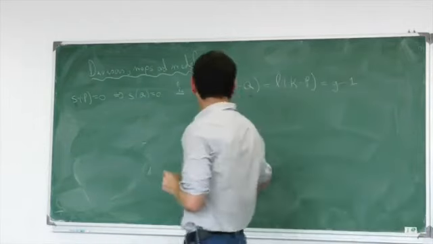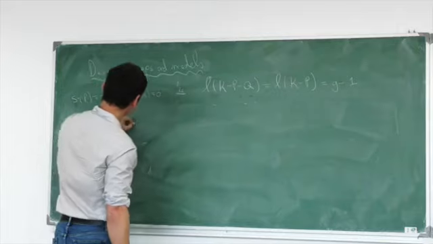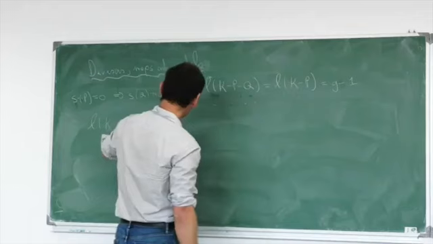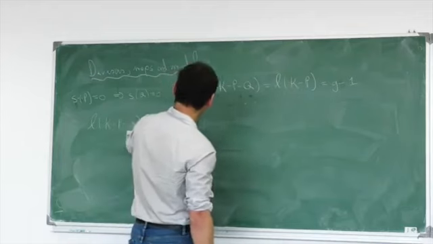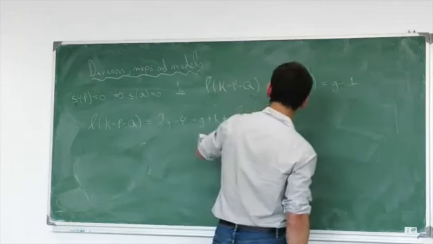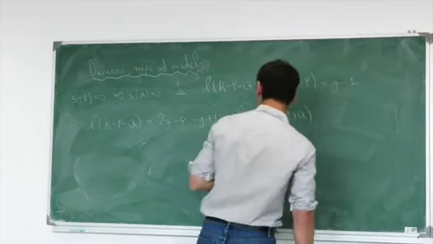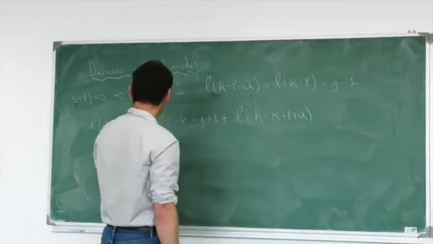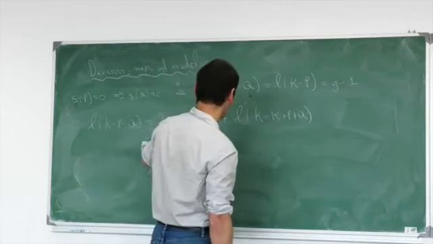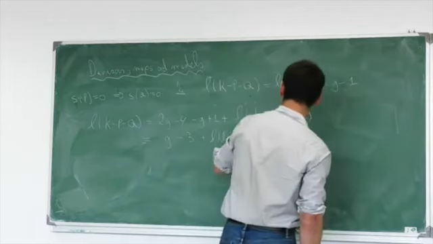So let's compute again L of kappa minus P minus Q using the Riemann-Roch theorem. 2g minus 4 this time, that's the degree, minus g plus 1, plus L of kappa minus kappa plus P plus Q. So this is g minus 3 plus L of P plus Q, and we would like this to be g minus 1.